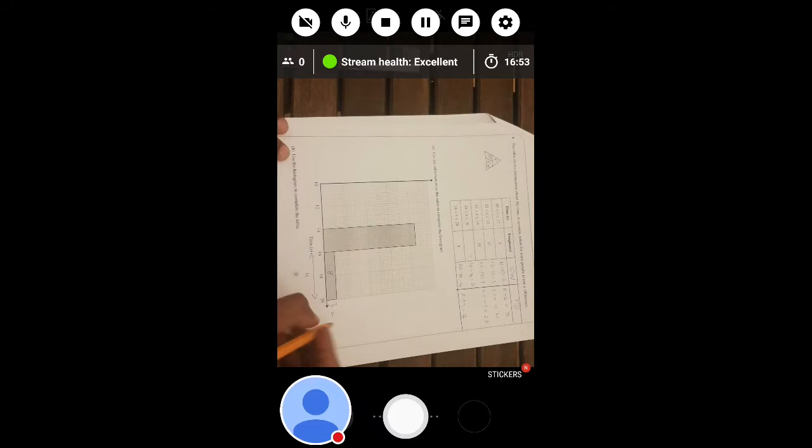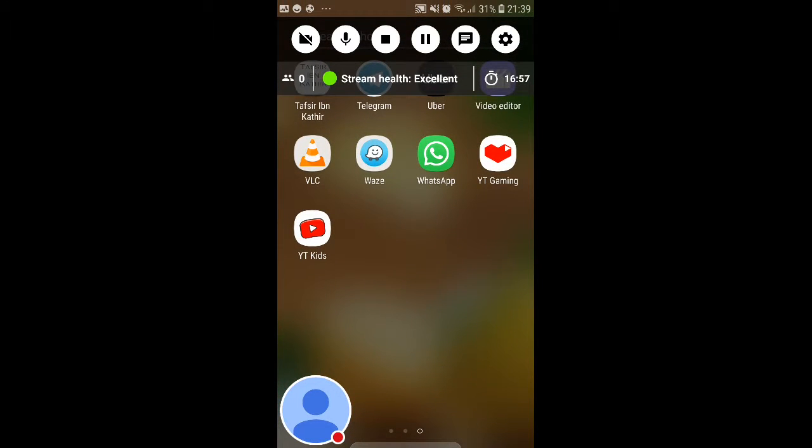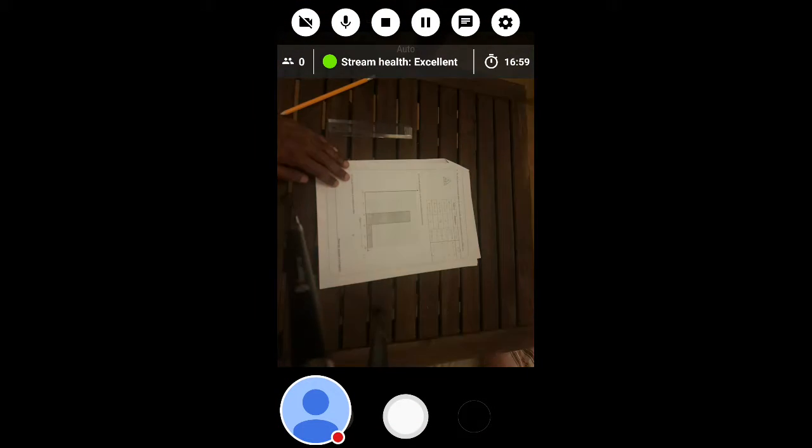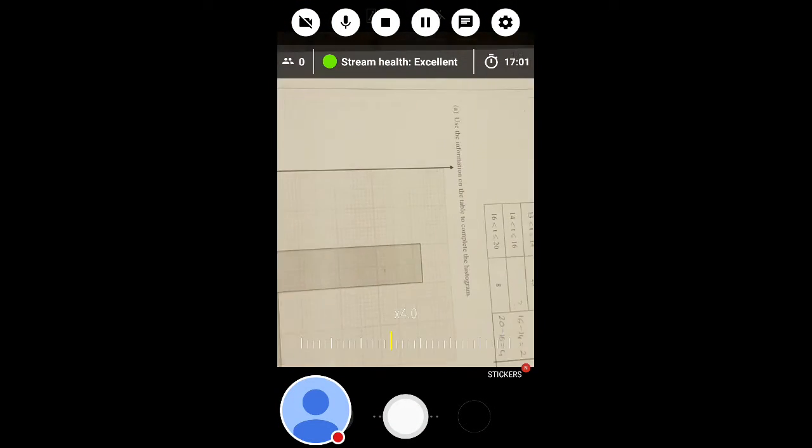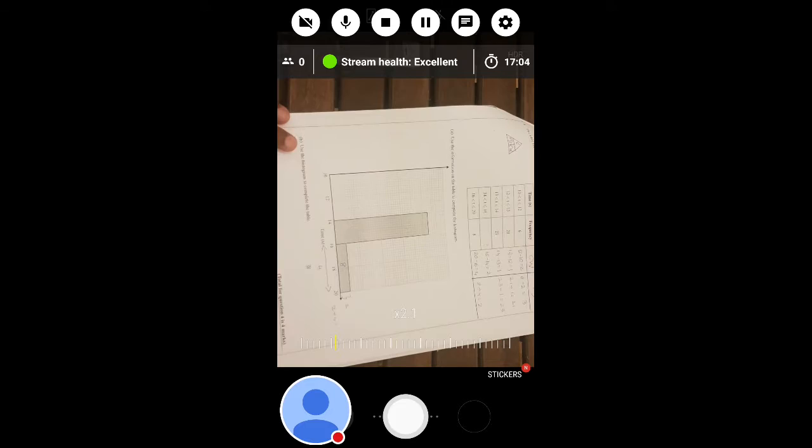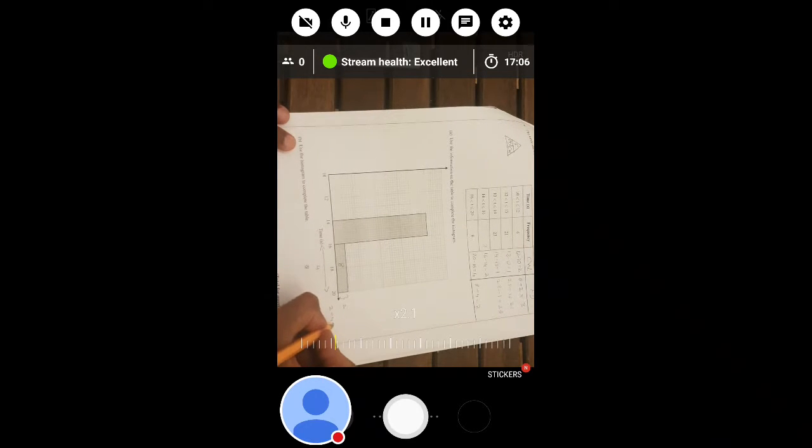If I do 2 divided by 4, that is 0.5. So each little square, tiny one, is 0.5.